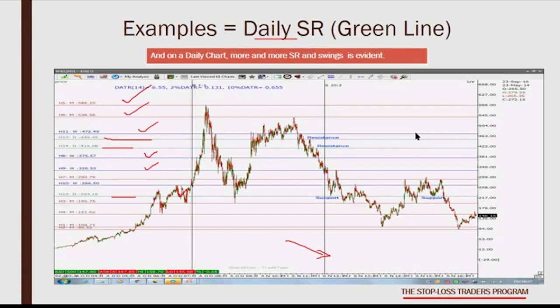Okay, so now I want to show you something more exciting about SR flips, right? So I want to take you to another chart. So here in this chart, can you see, this is the Dr. Reddy chart, friends, right? What is happening?